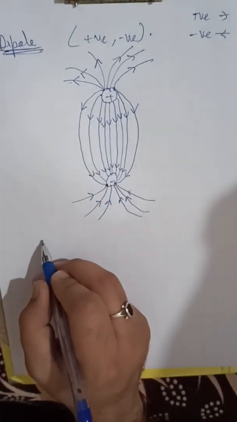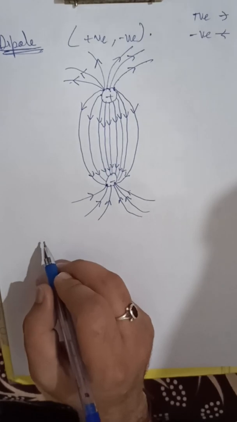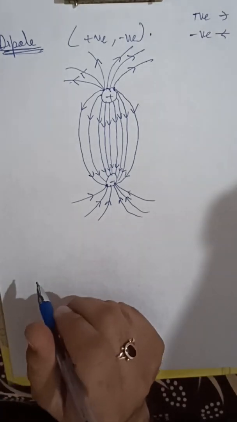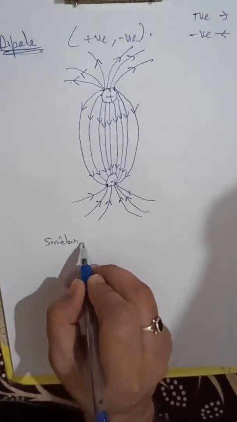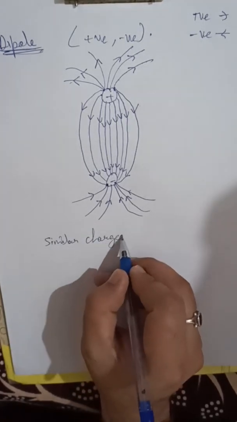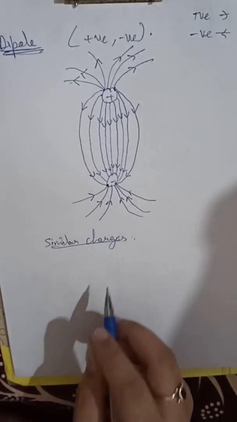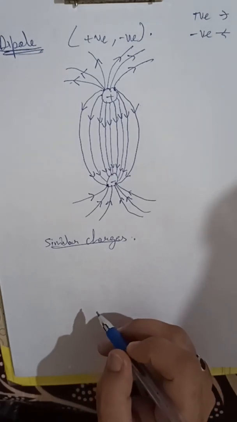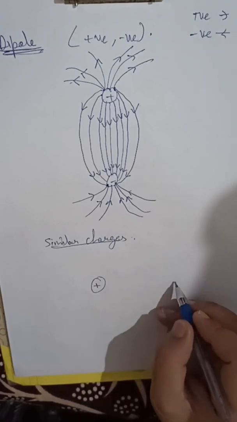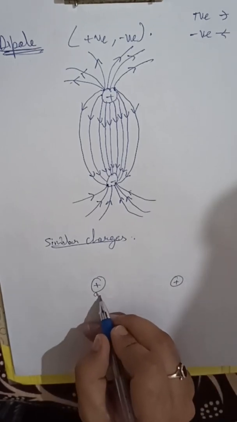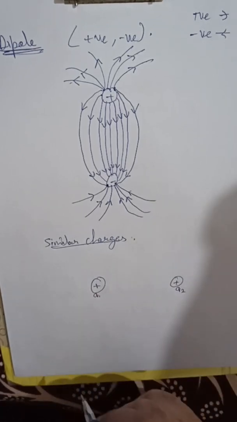If two charges are of same intensity and same charge, or similar charges, say two positive charges, say Q1, Q2, positive charge.